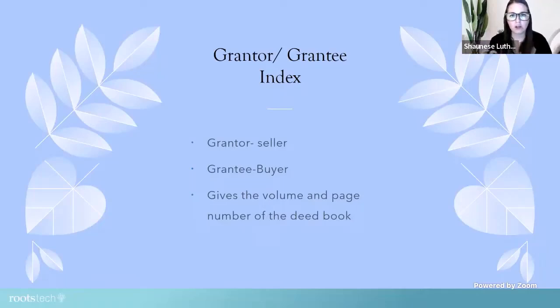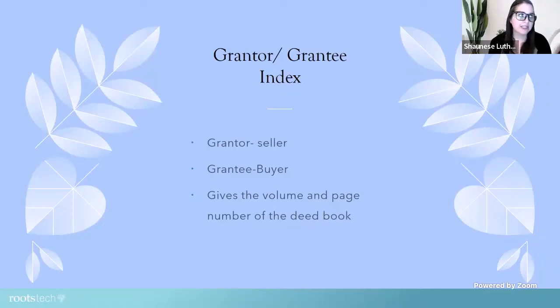Then you'll have your volume and your page number. So then you go back to the books, go to the volume, and go to the page number, and then you'll find the land deed. You can find this online, but if it's on microfilm, when you're looking on your FamilySearch catalog to see what records are available, you still use this information, you still apply it to microfilm.